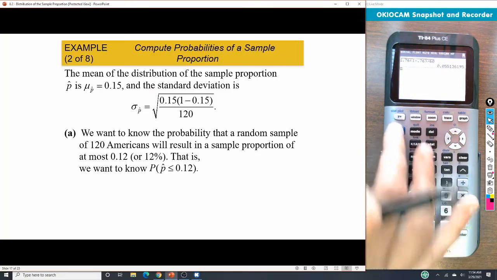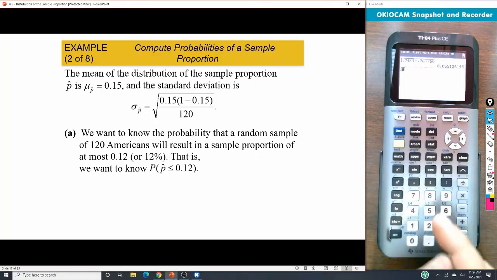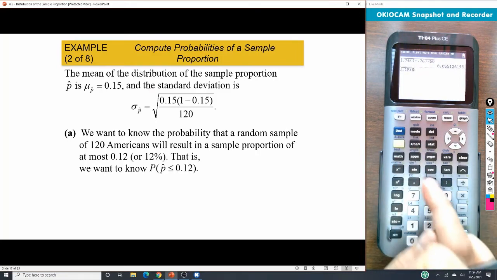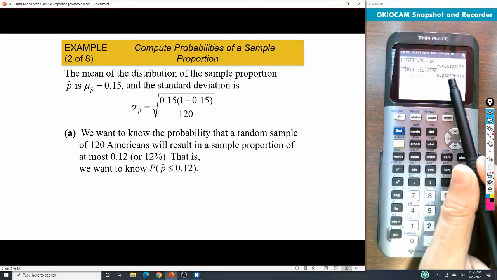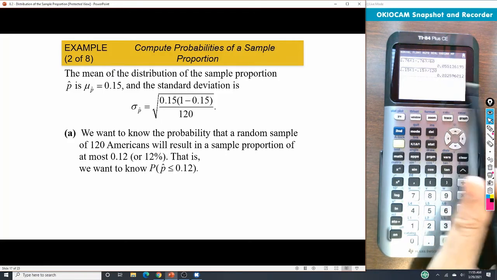So we're going to do the square root there, 0.15 times 1 minus 0.15 divided by 120, and we get 0.03259. On the computer, they're probably going to want this answer, so we round accordingly.